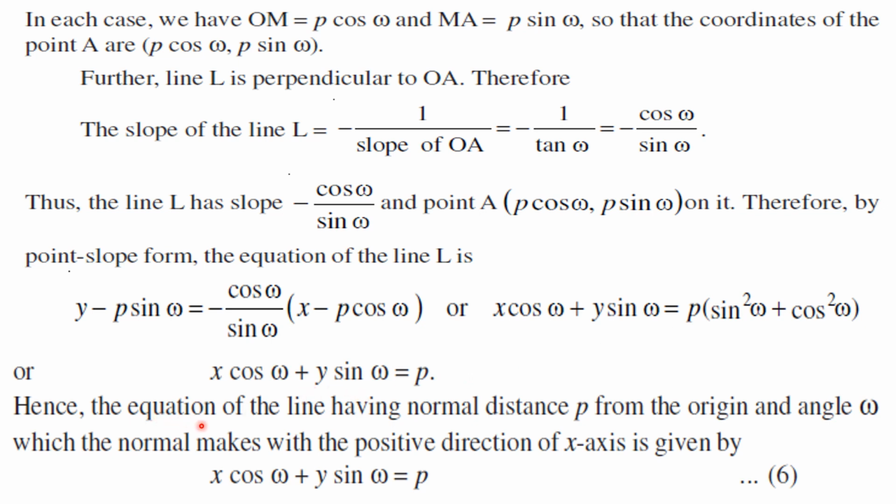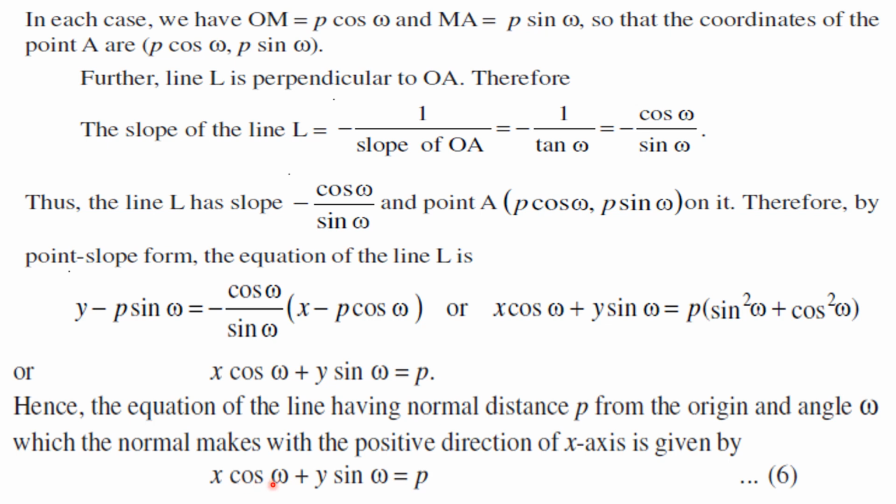Right. Hence, the equation of the line having normal distance p from the origin and angle omega, which the normal makes with the positive direction of x-axis, is given by x cos omega plus y sin omega is equal to p. Please remember this equation of the line in the normal form.